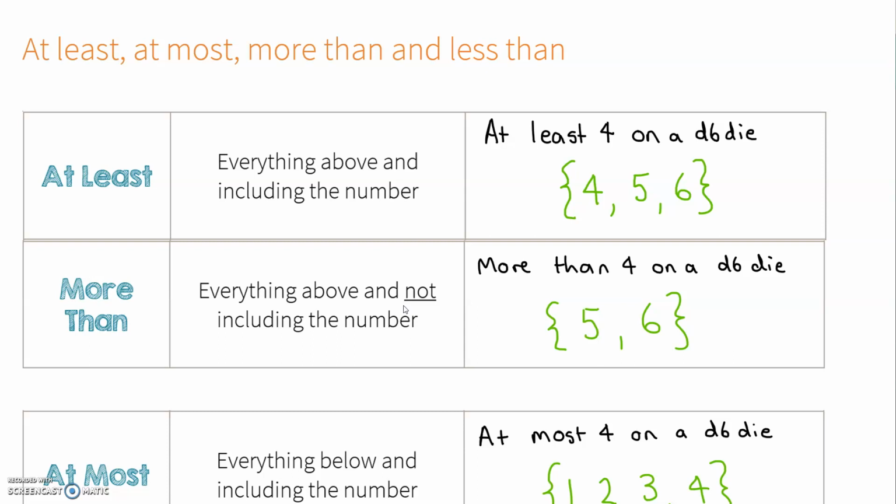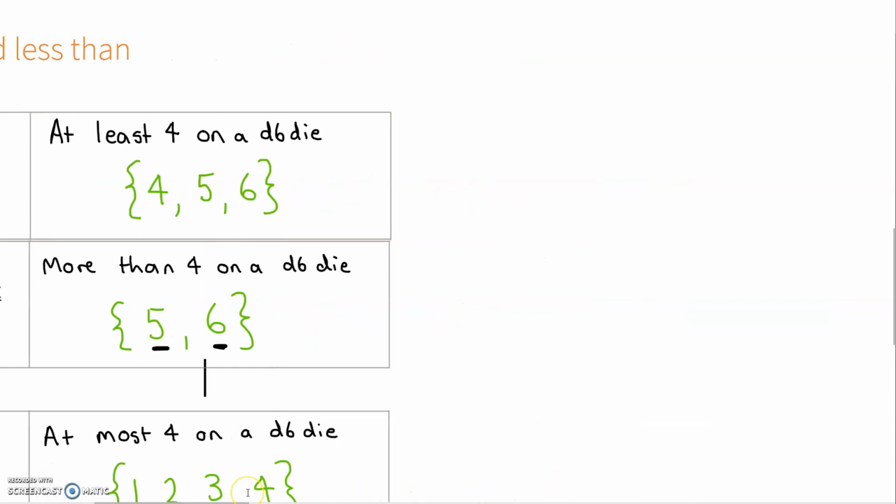More than almost means the same thing as at least, except it does not include the number. So if I said more than 4 on a D6 die, a 6-sided die, it's going to be 5 and 6. 4 from this previous part is not included because we've said more than, and more than does not include 4. Okay. And we could chuck together another example if we go across. So we could say, at least, if we use our word example, at least 30 years old.